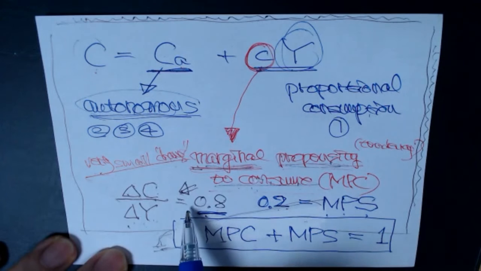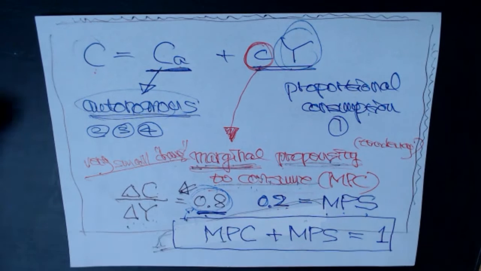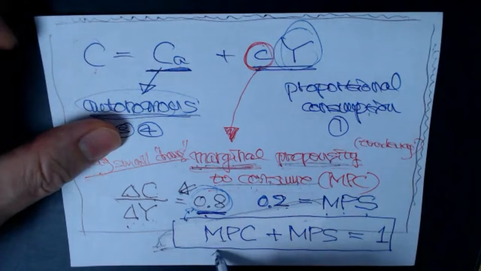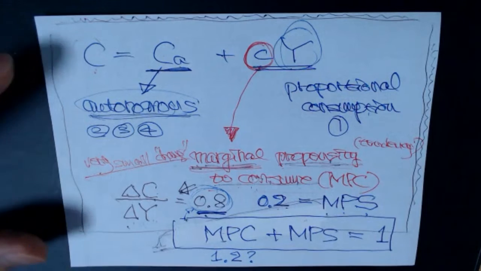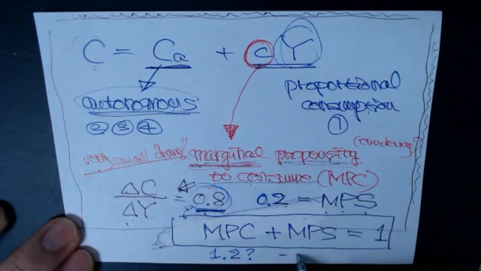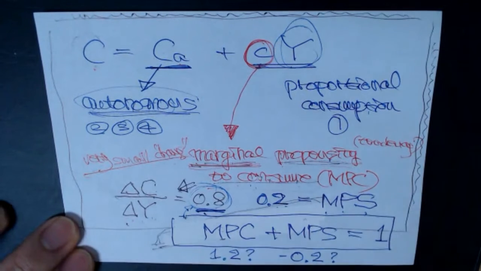Shall we talk about the size of this MPC a little bit? I said it's 0.8. My question is, can this MPC be 1.2, for example? Is that possible? Or negative 0.2? Is that possible?